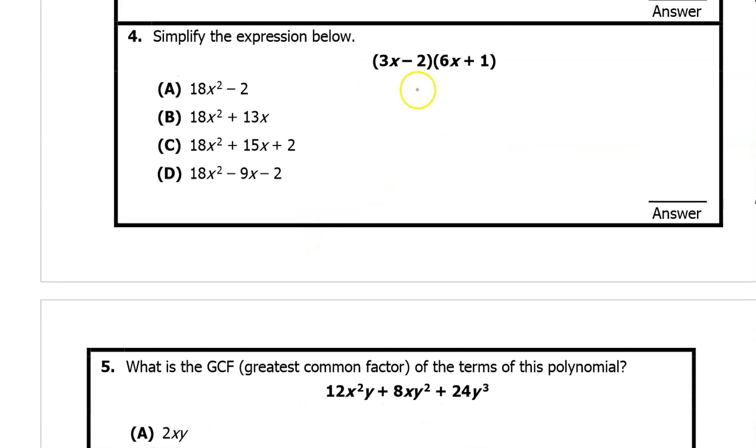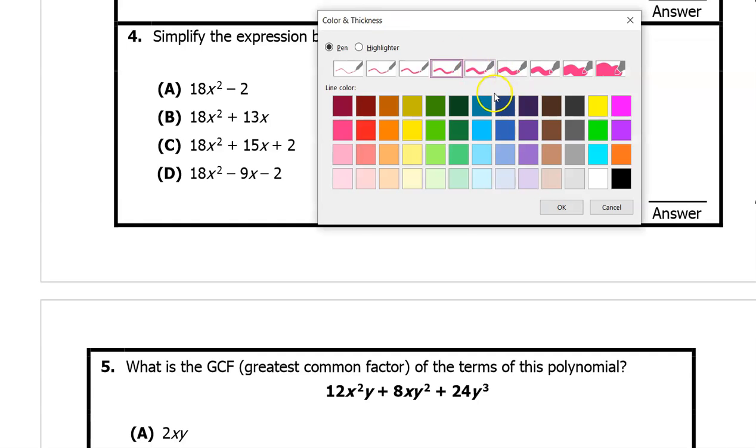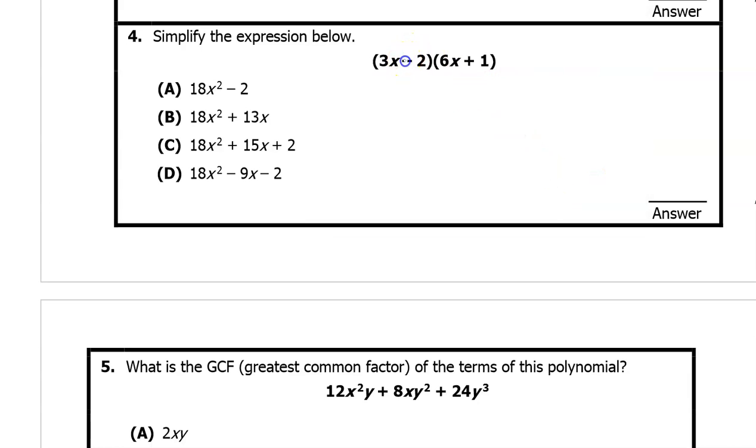Okay. When you have a binomial times a binomial, you essentially have to do the distributive property twice. So for a brief moment, I want you to ignore the negative 2. In fact, to help you ignore that negative 2, I think I'm going to white it out. Okay, ignore this negative 2 for a minute.